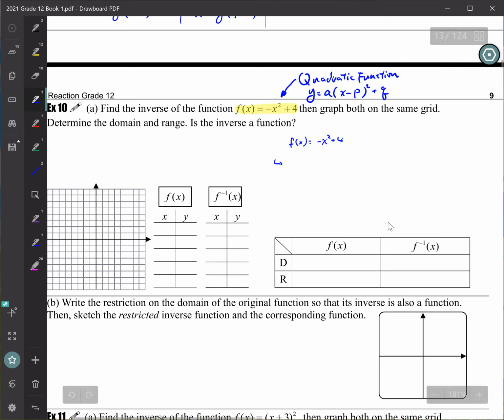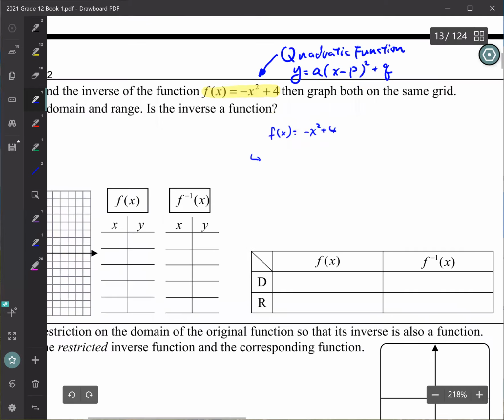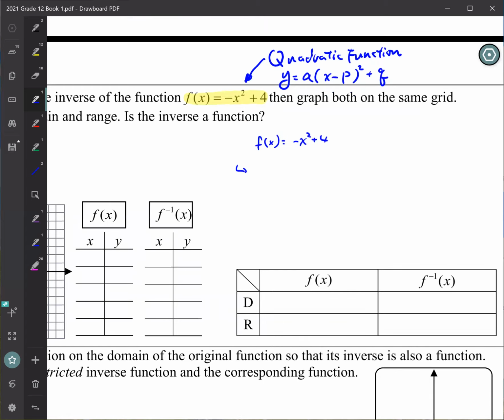Can you tell us how to get to APQ form? I might be wrong for this one, but is it just like the thing already, like negative, and you have the x inside plus 4, and then outside you have minus 4?